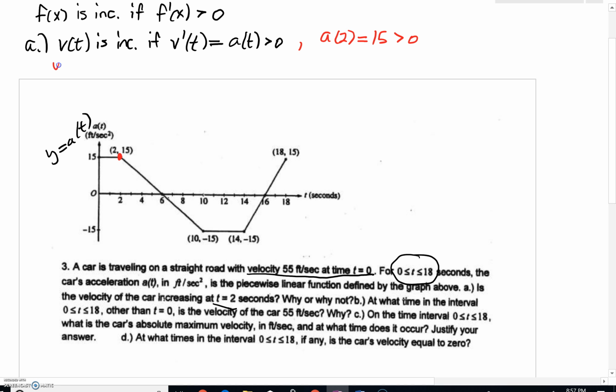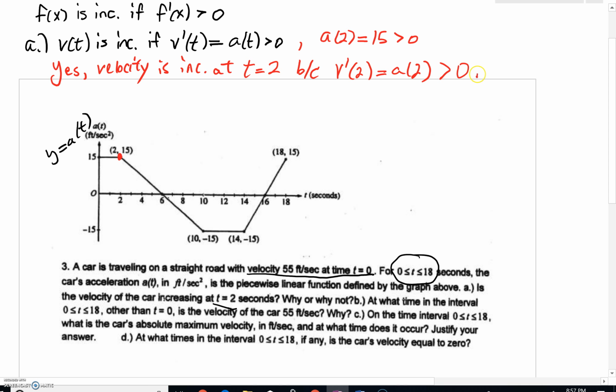Velocity is increasing at t equals 2 because v prime of 2, which is equal to a of 2, is greater than 0. And that would be our answer and our reason, the why or why not.